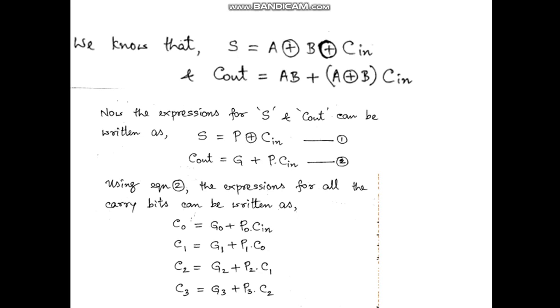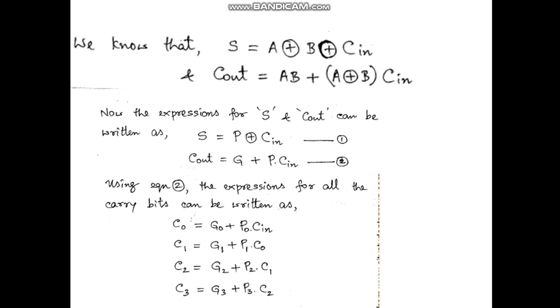Now let us substitute the expression for carry propagated and carry generated. Carry generated is given by A into B and carry propagated is given by A XOR B. So we can write the expression for sum and carry as sum is equal to P XOR C in and C out is equal to G plus P into C in.